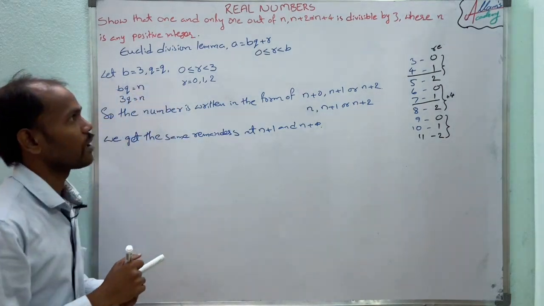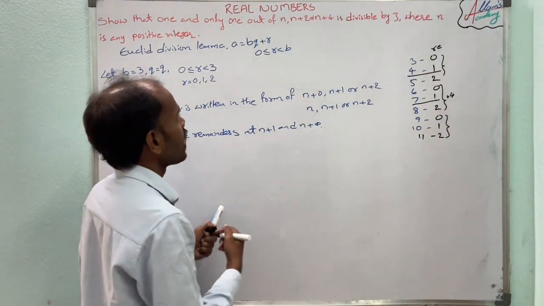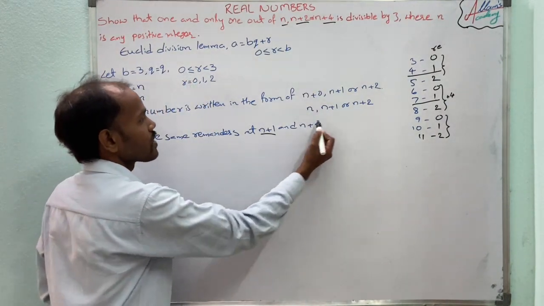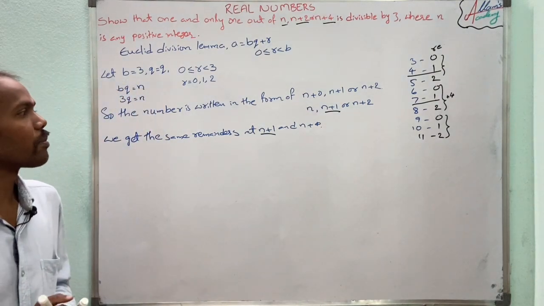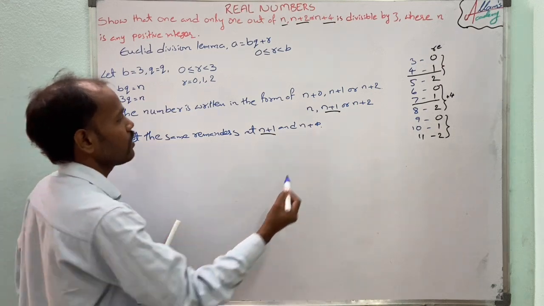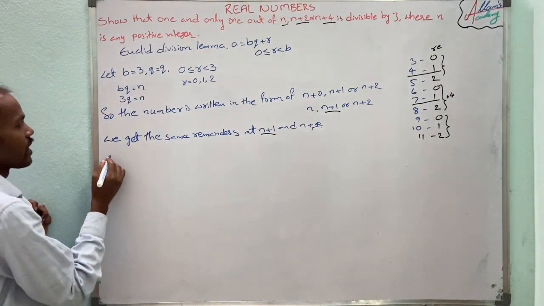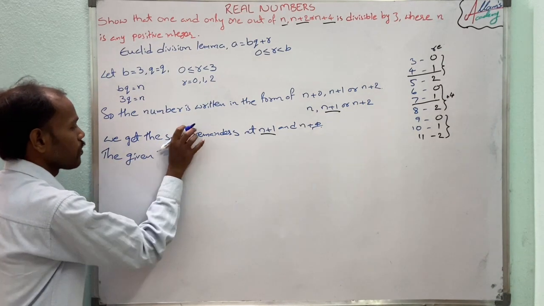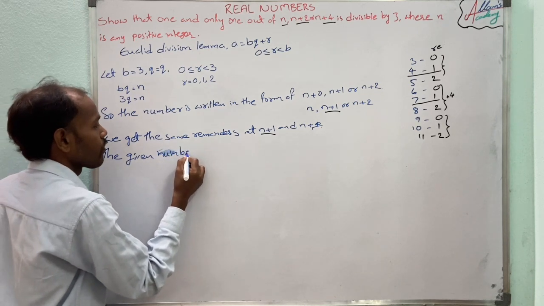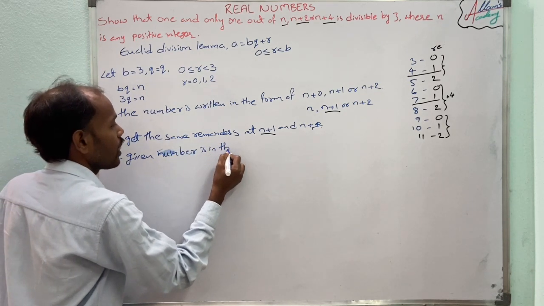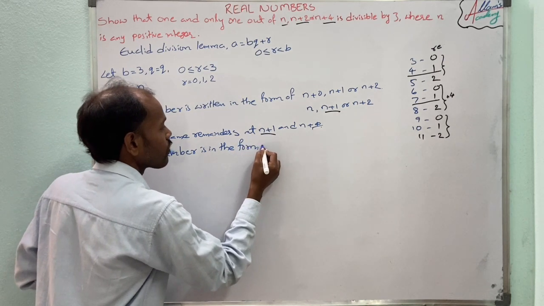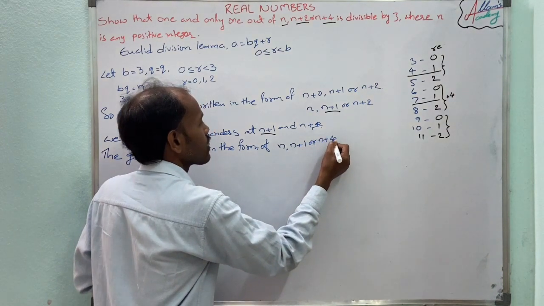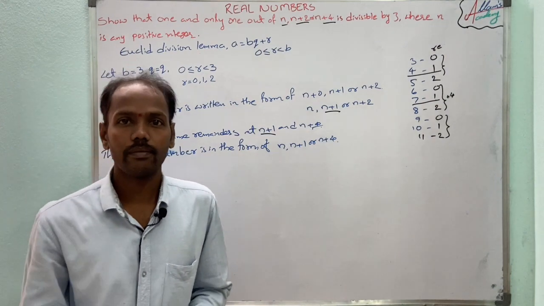Why? Because we want to show the answer is in the form of n, n plus 2, n plus 4, so n plus 1 is not presented. So in the place of n plus 1, now we take n plus 4. So finally we concluded that the number is in the form of n, n plus 2 or n plus 4. Okay, thank you.